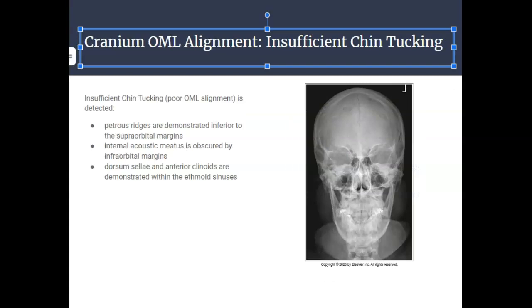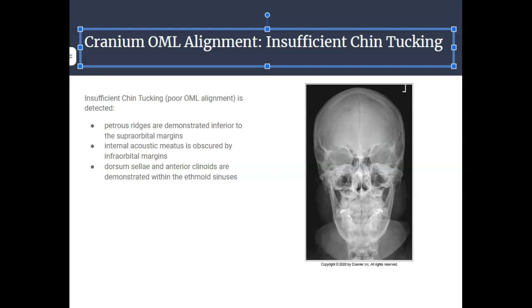Let's take a look at OML alignment. Now, when positioning the OML perpendicular to the IR, this moves the orbits inferiorly until the supraorbital margins are situated beneath the petrous ridges and places the petrous pyramids and internal acoustic meatus within the orbits.